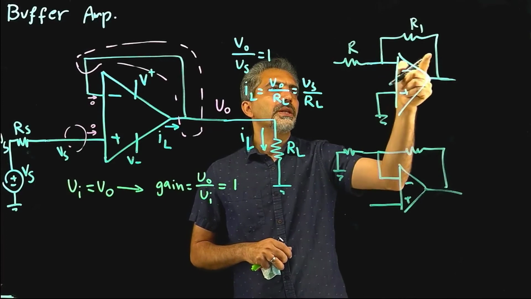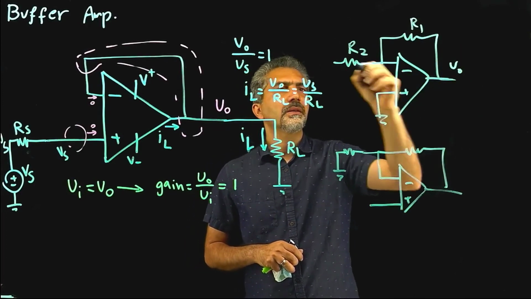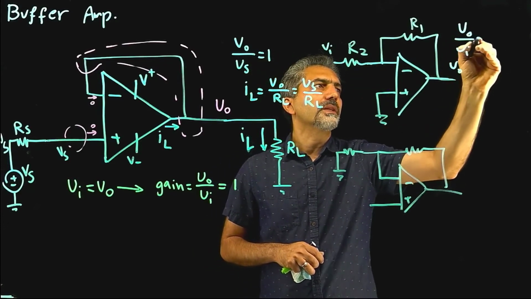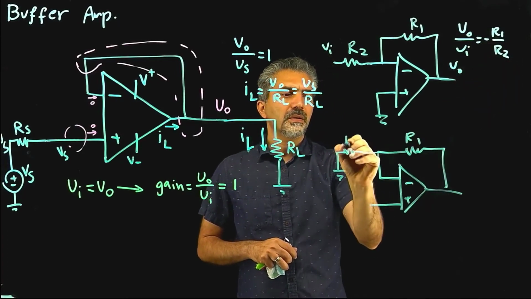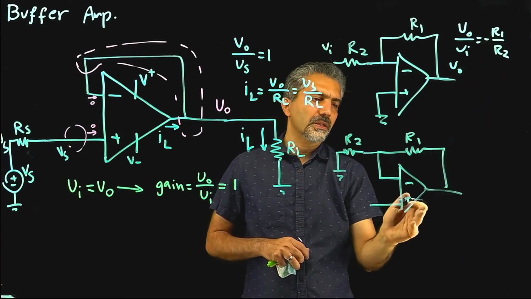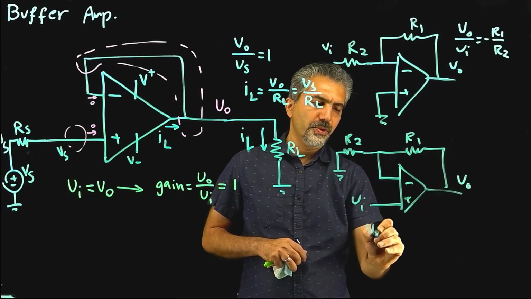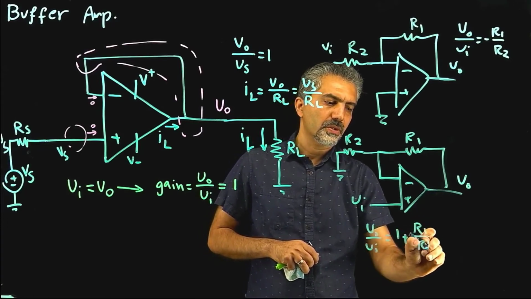One was called the inverting amplifier, where the gain, Vout over Vin, was basically minus R2 over R1. And then in this case, it was the non-inverting amplifier, where the output over input was 1 plus R2 over R1.